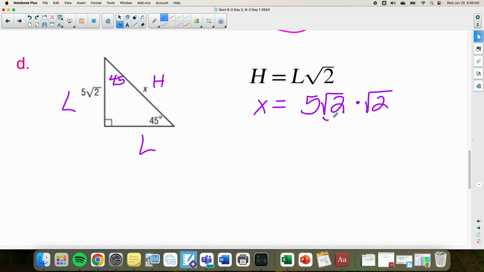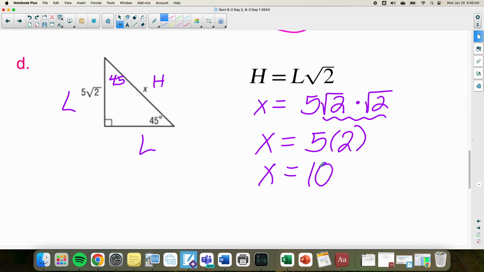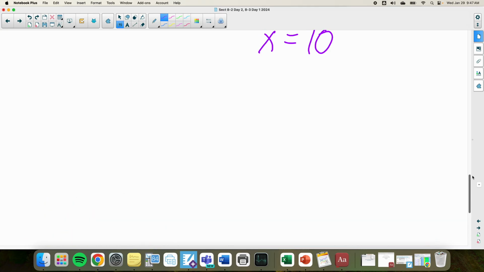What is root 2 times root 2? 2. So do you guys get this is 5 times 2, which would be 10. If you put that in your calculator, you have to be careful. If I was putting that in my calculator, I would hit enter here before I multiply by that root 2. Otherwise, you have to be careful of parentheses.